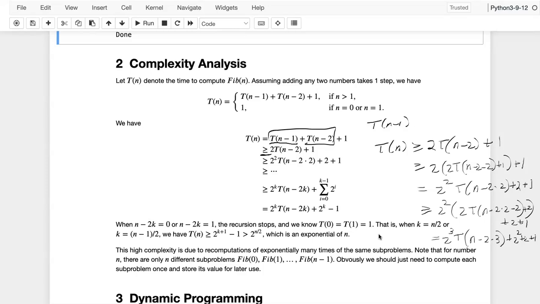So now it looks like this is going to be the number of iterations.